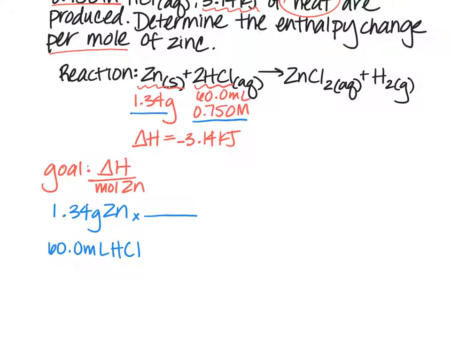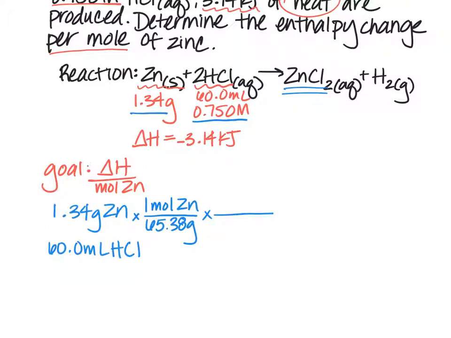So let's look at zinc right now. With zinc, I need to convert the grams into moles. So you use the molar mass given on the periodic table. The molar mass of zinc is around 65.38 grams. Again, that's from the periodic table. Now I need to convert that into product. So I'm just going to focus on zinc chloride.